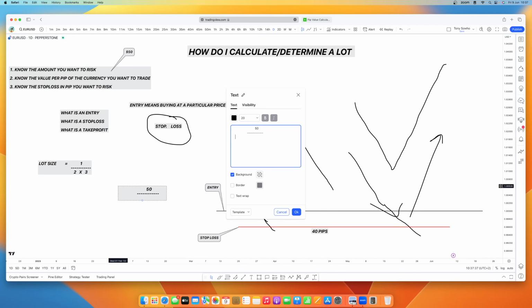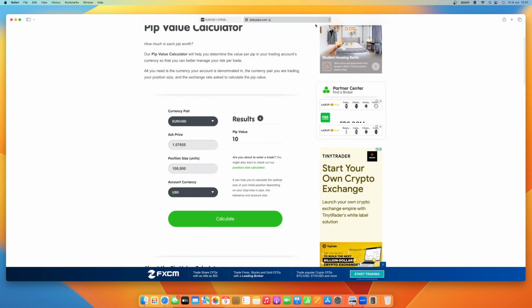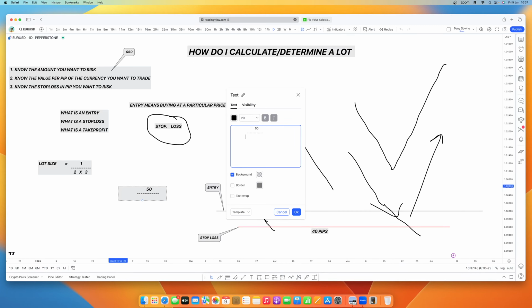Know the value per pip. Remember, what is the value per pip for EUR/USD? 10. So you just take that 10, then you multiply 10 by number 3. What is number 3? Know the stop loss in pips. You've determined that already, 40 pips. So now we're going to have 50 divided by 10 times 40.